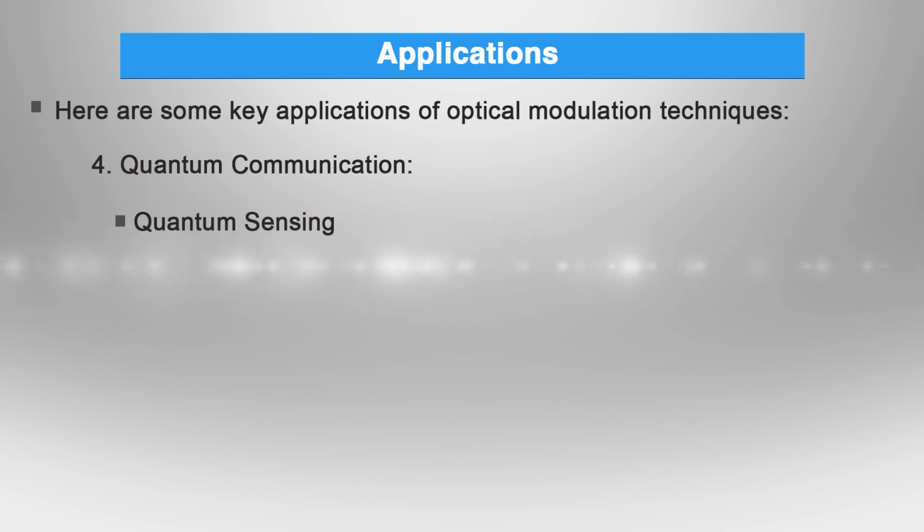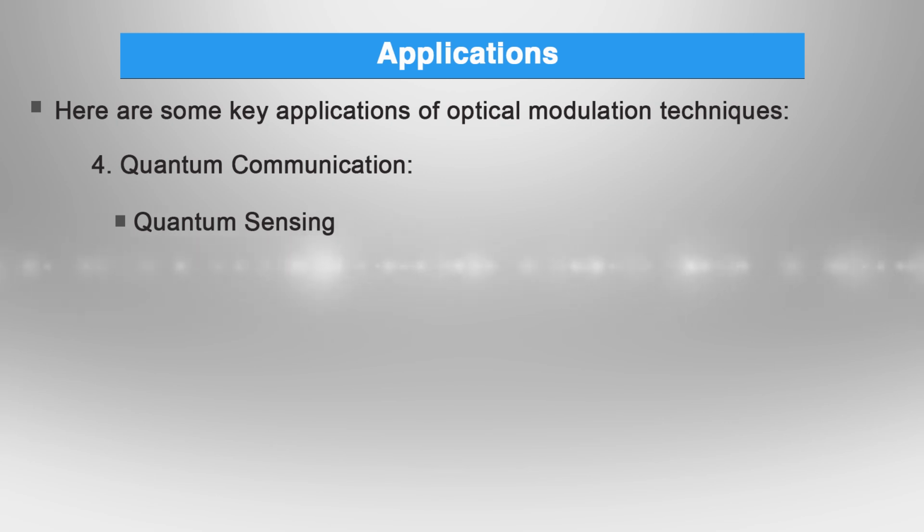Optical modulation techniques are essential in quantum communication, where they are used to encode quantum information onto light particles. These ensure a secure communication channel, as any attempt to intercept the data alters the quantum state, revealing the presence of an eavesdropper.